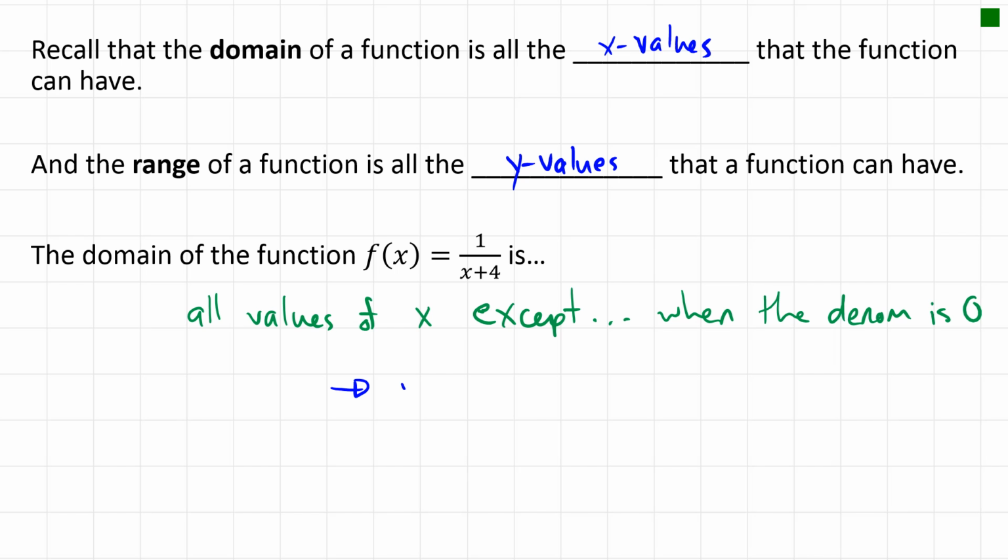So we had to say x plus 4 is not allowed to be equal to 0, or x is not allowed to be equal to negative 4. The reason why values aren't allowed in the domain is because they break the function. They break the rules of the math, which is that you're not allowed to divide by 0 in this case.